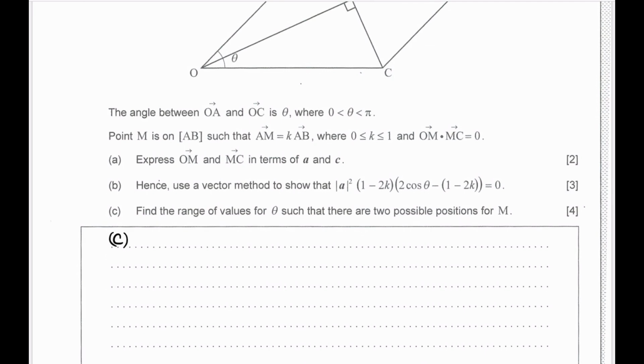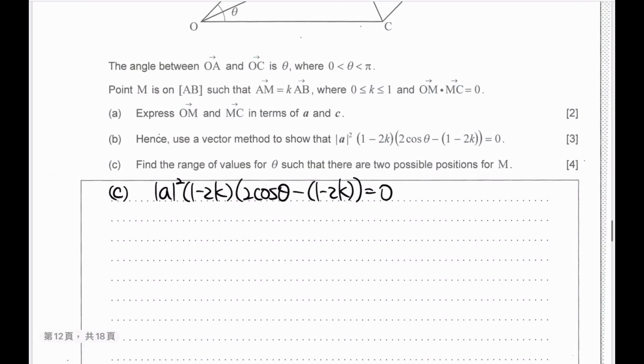Okay, let's solve it. So the equation is the square of length A times (1 minus 2k) times 2 cosine theta minus (1 minus 2k) is 0. Because the length of A is non-zero, we can divide both sides by the square of length A. This will give us (1 minus 2k) times (2 cosine theta minus 1 minus 2k) is 0.